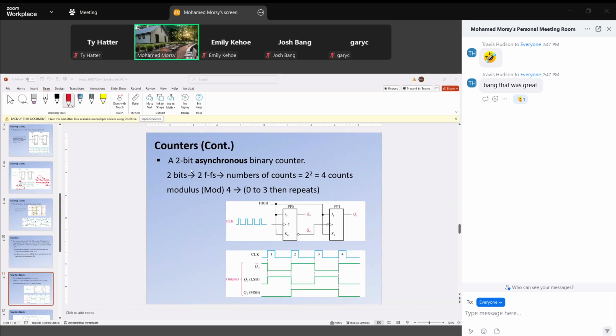So, for example, this is a 2-bit asynchronous counter. When we say 2 bits, we use 2 flip-flops, because each flip-flop stores only 1 bit. So the number of counts in this case is 2 to the power 2, because we have 2 flip-flops.